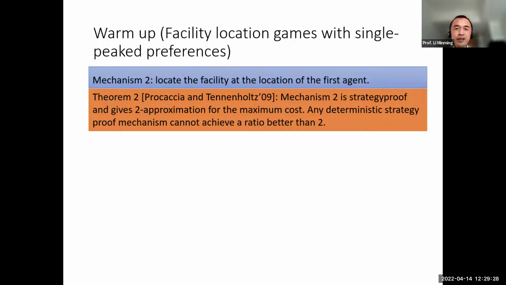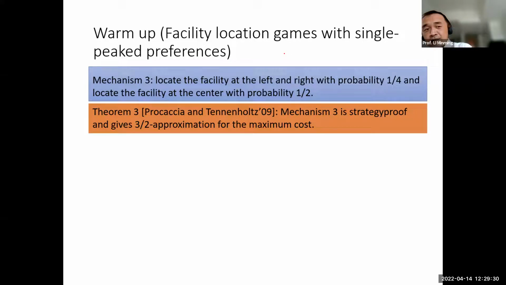So these are the two basic things. Of course, they also design some other things. For example, they designed a randomized mechanism. I will explain randomized mechanisms very soon, but for now you can have a rough idea: with some probability, choose some location.